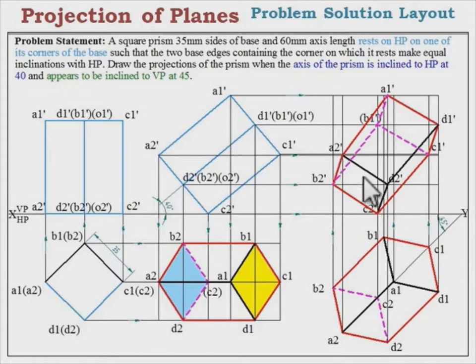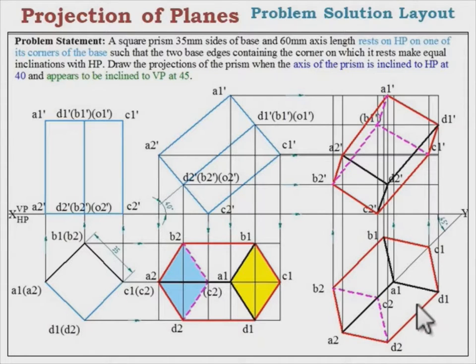So this A2 dash, B2 dash, C2 dash, D2 dash is drawn with continuous thick line. The face marked with A1, B1, C1, D1 is away from the observer. So the remaining edges of this face are marked with dashed thick line.